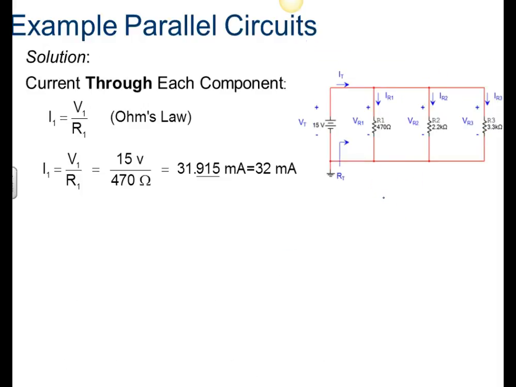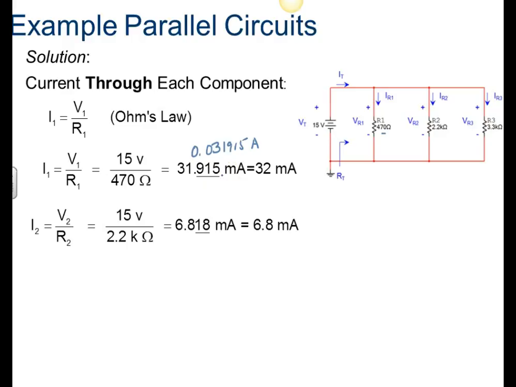So the current through each component, I1 is going to equal the voltage across 1 divided by the resistance of 1. We've got 15 volts across each resistor, so 15 volts divided by 470 ohms is going to give us 31.915 or 32 milliamps, which would really be 0.031915 amps, and then we're moving it 3 places to the right to get milliamps.